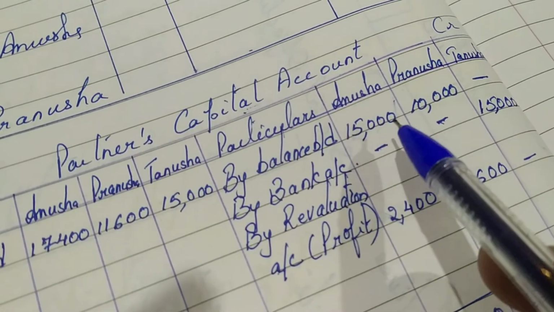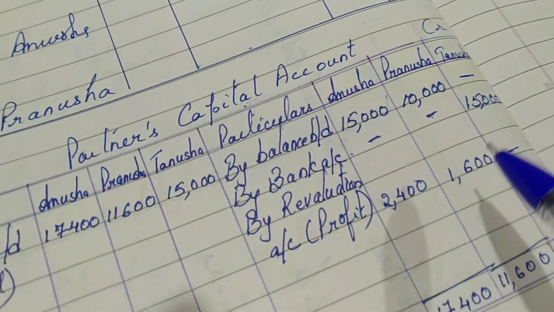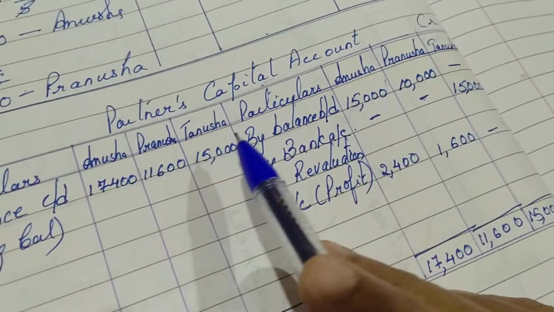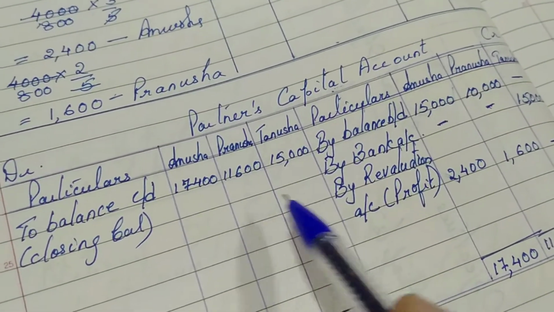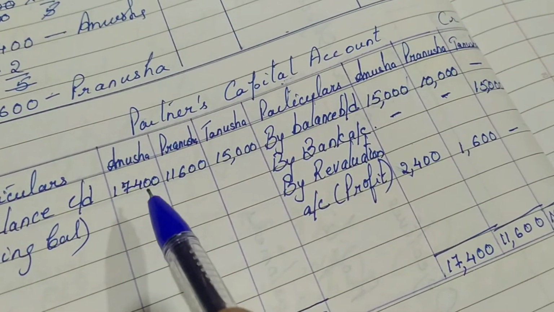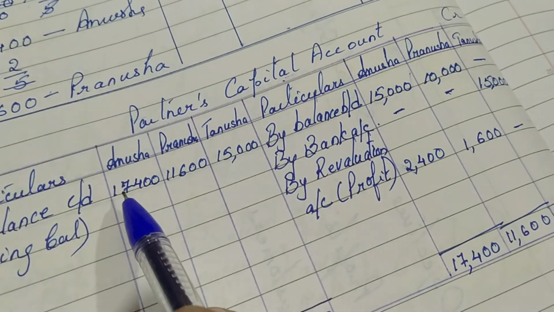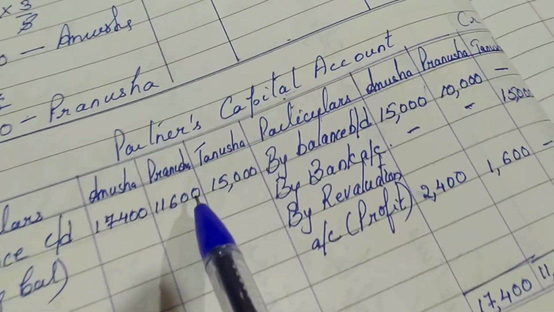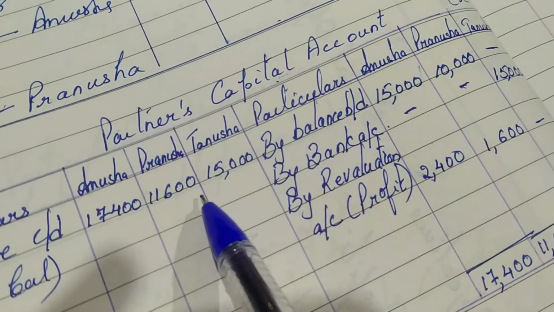What are the profits to be given to Anusha and Pranusha? 2,400 and 1,600. So from this account you come to know how much cash of each partner is there in the business. Total amount of Anusha which is still there in the organization is 17,400. Likewise, Pranusha should get 11,600.